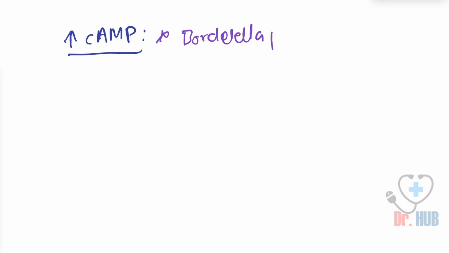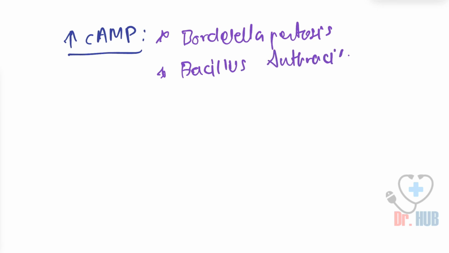So to start with, the increase in the cAMP. What are the organisms associated? It includes Bordetella pertussis. Next, there is also Bacillus anthracis.